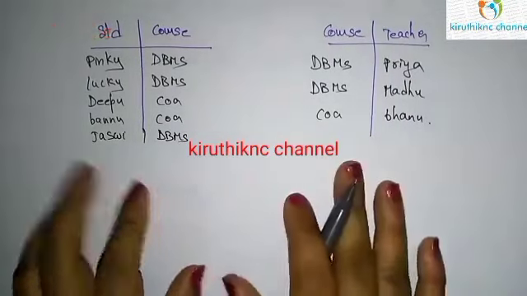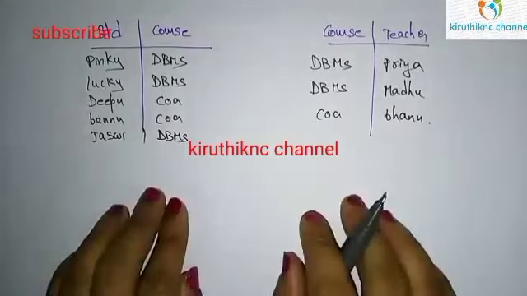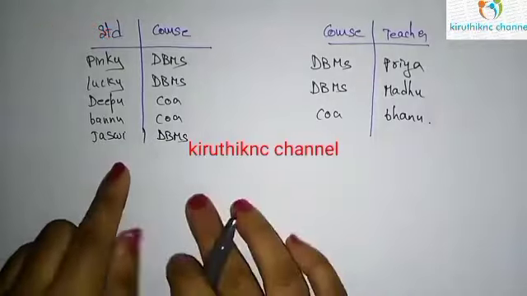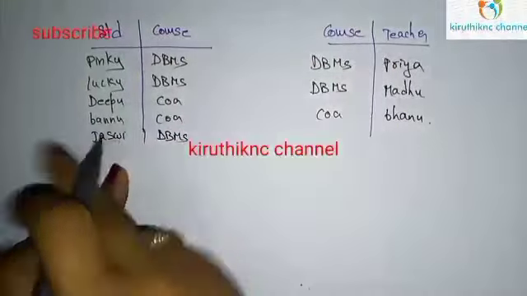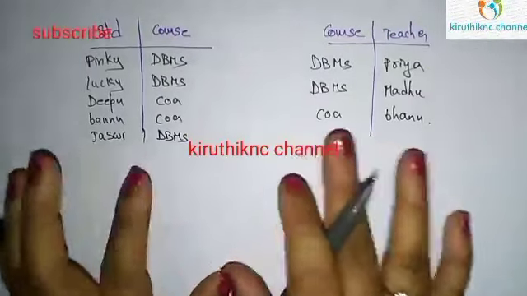BCNF. How can I say this table is in BCNF? Because it is in 3NF. Why is it in 3NF? There is no transitive dependency here, where A determines B and B determines C. Only two attributes will be there.